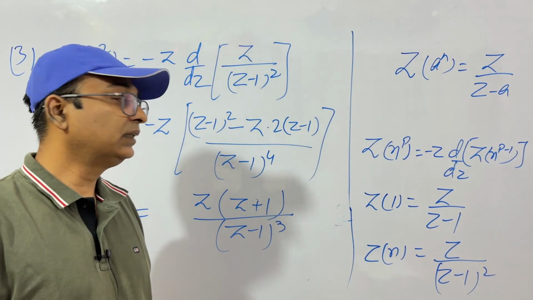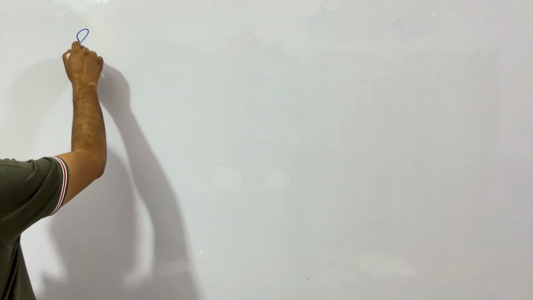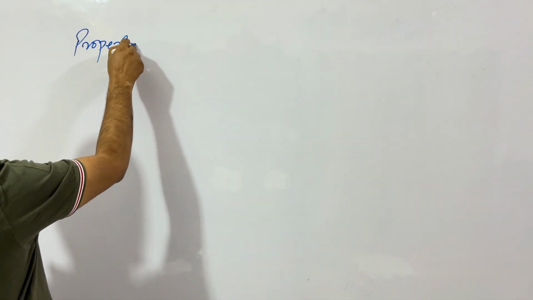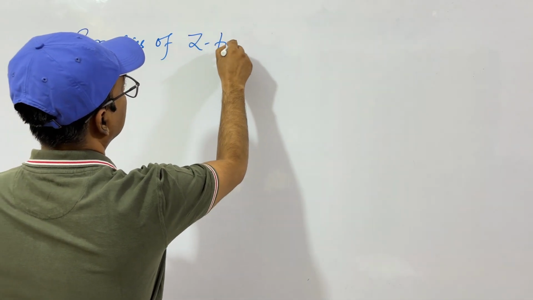Now let's see some properties of the Z transform. The first property is called linearity.